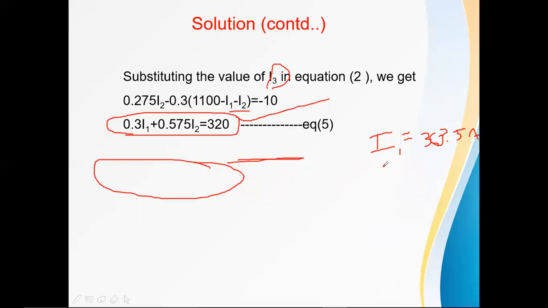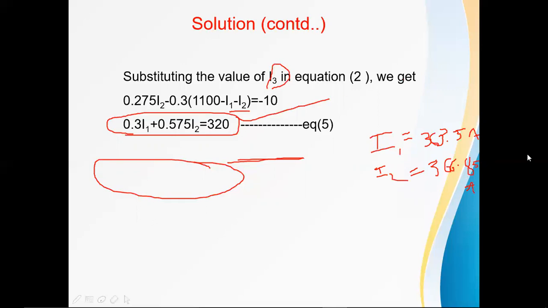What about I2? Again, if you press equals, then I2 becomes 366.85. Now you have got two currents among the three currents, right?